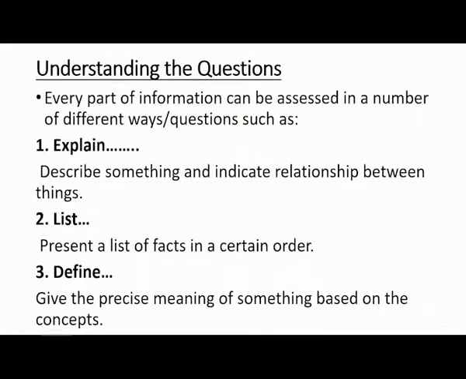explain. When you're asked to explain, you should describe something and indicate the relationship between the things. When you're asked to list, you should present a list of facts in a certain order. When you're asked to define, you should give the precise meaning of something based on the concept.